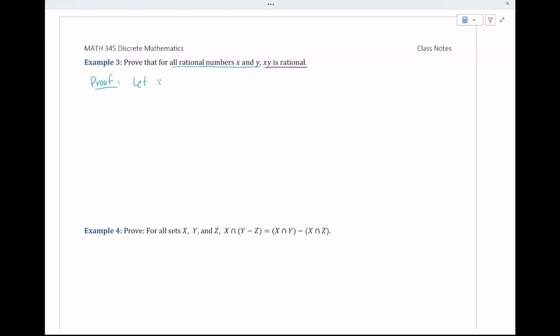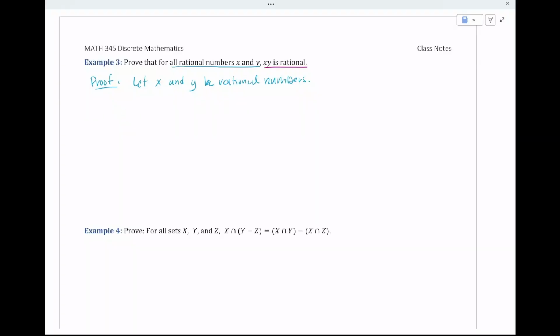Let x and y be rational numbers. So if they're rational, what does that mean? That means they can be written as fractions.